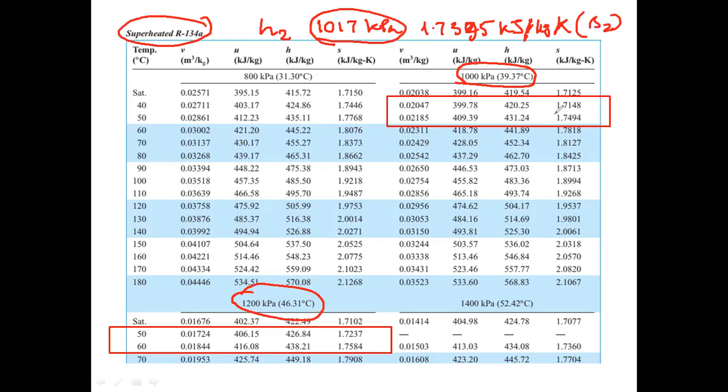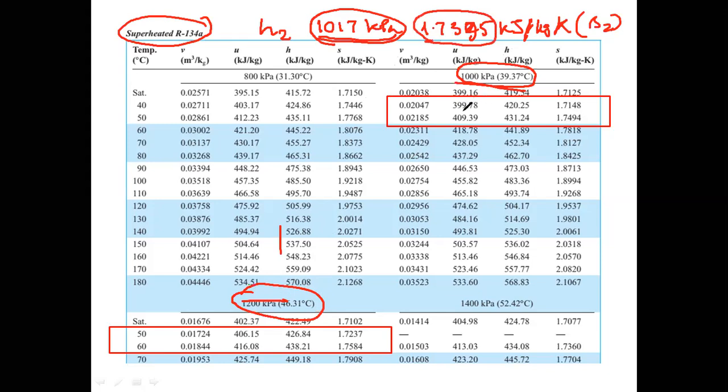So now we have located the pressure values. This 1017 kilopascal is located between 1000 and 1200. Now we have to locate this value of entropy.